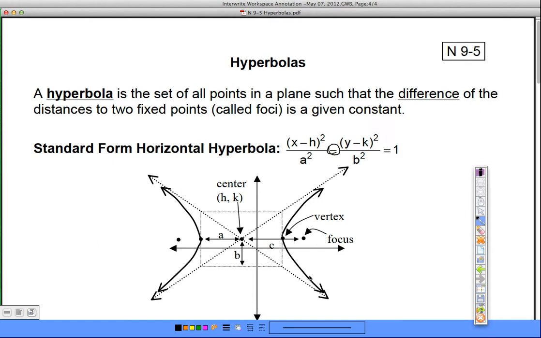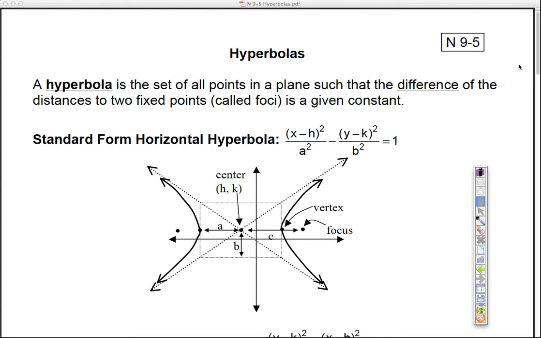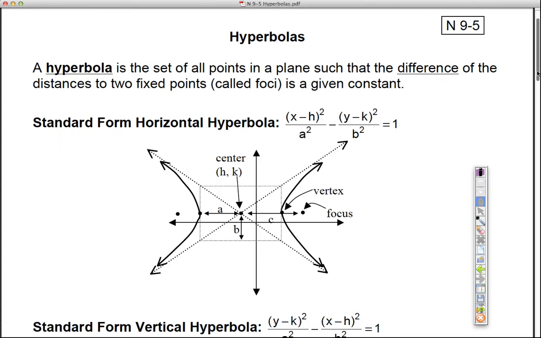In a horizontal hyperbola, they open left and right. We know that it's horizontal because the a squared is under the x squared and the b squared is under the y squared.